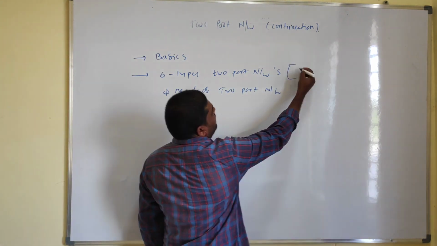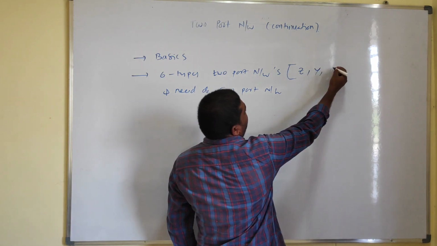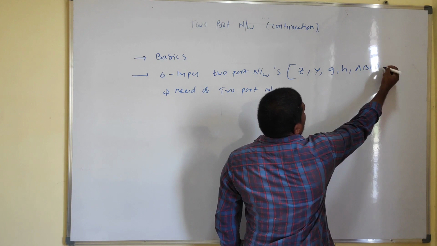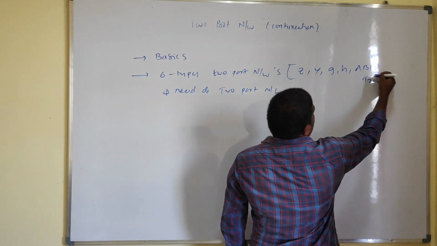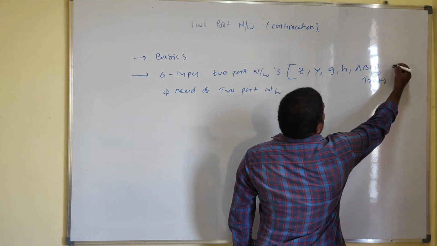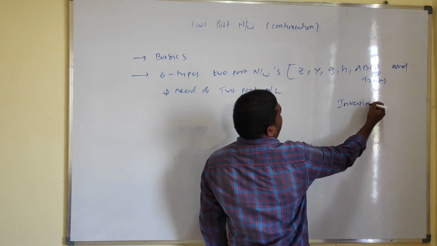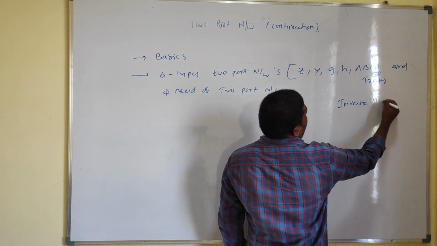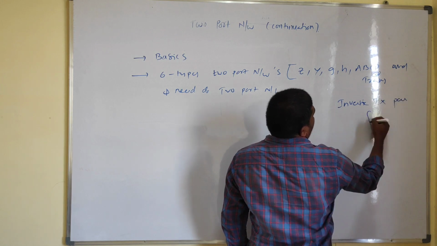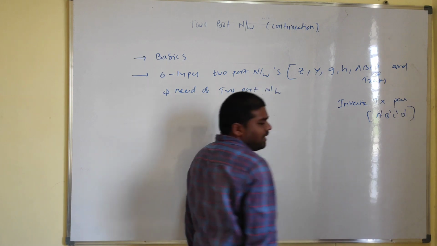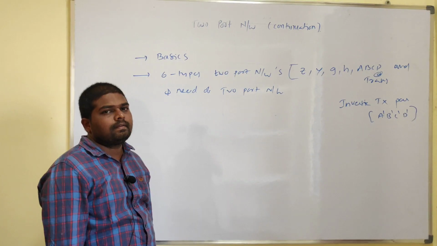The six types are Z parameters, Y, G and H, and A, B, C, D, that means transmission parameters, and inverse transmission parameters, otherwise also called A dash, B dash, C dash, D dash parameters.